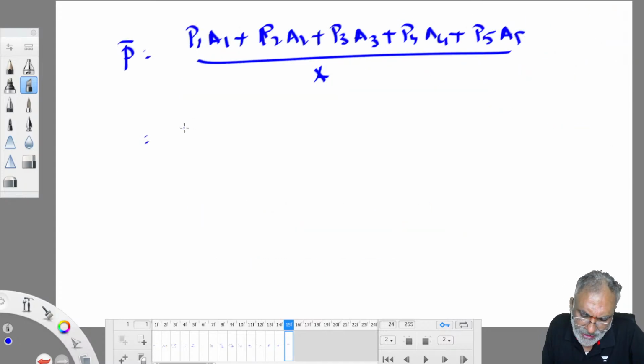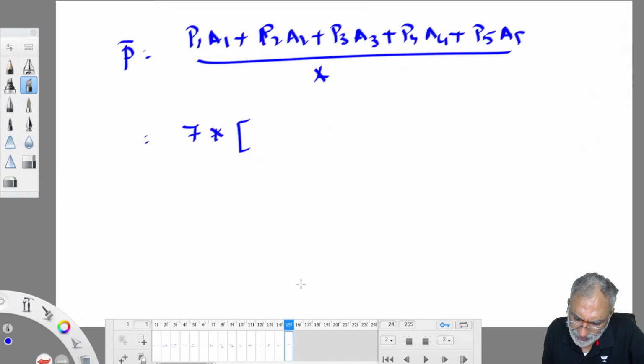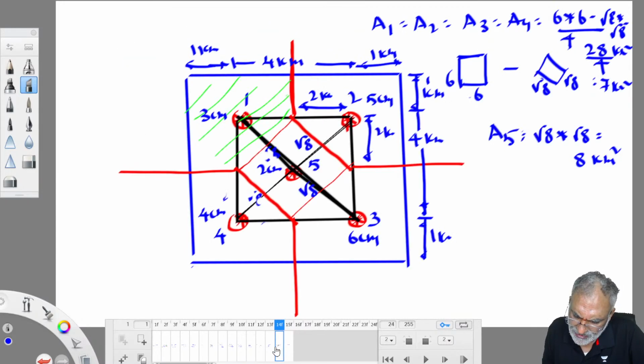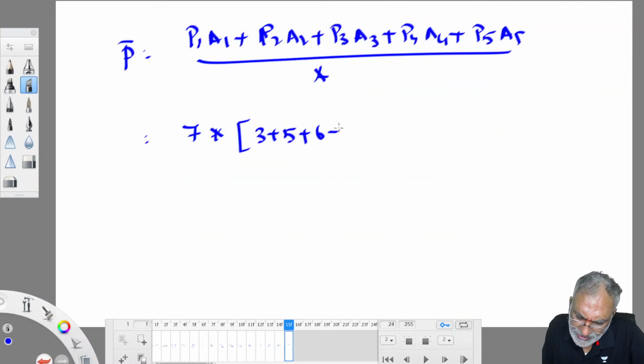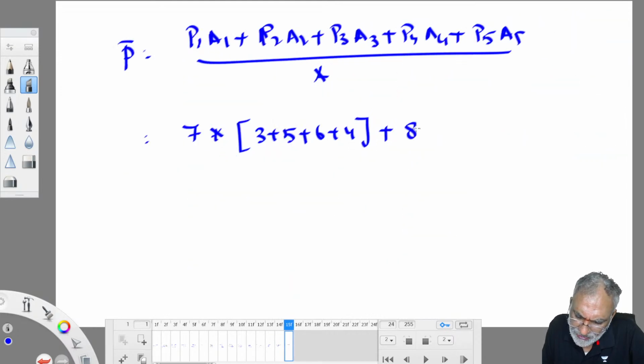It is 7 kilometers square into (3 plus 5 plus 6 plus 4), plus the remaining 8 kilometers square into 2.